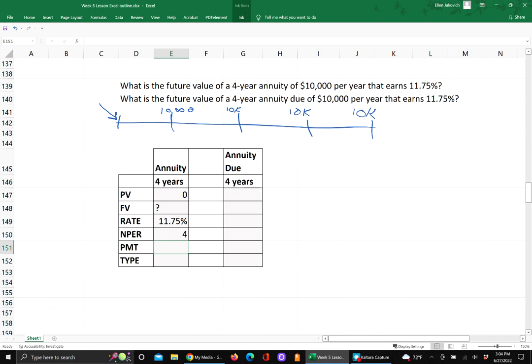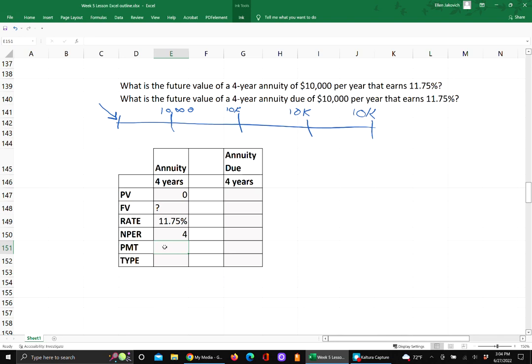Well, honestly, it doesn't make a lot of sense to figure out the future value of something you're taking money out of, because it's probably going to be zero at the end. You took all the money out. So let's say we're putting in $10,000 here, here, here, and here, and we want to know what all that will be worth at the end of the period. That's a valid thing to solve for.